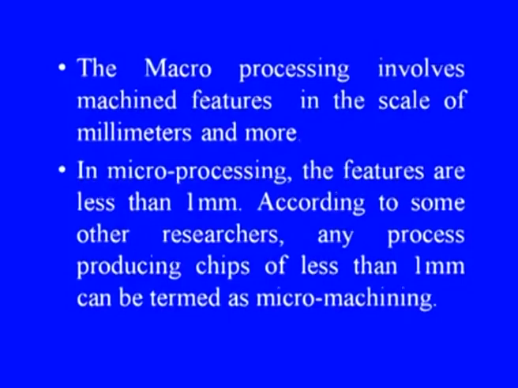The macro processing involves machined features in the scale of millimeters and more. In micro processing, the features are generally less than 1 millimeter. As I have already indicated, some researchers say any process that produces chips of less than 1 millimeter can be termed as micro machining.